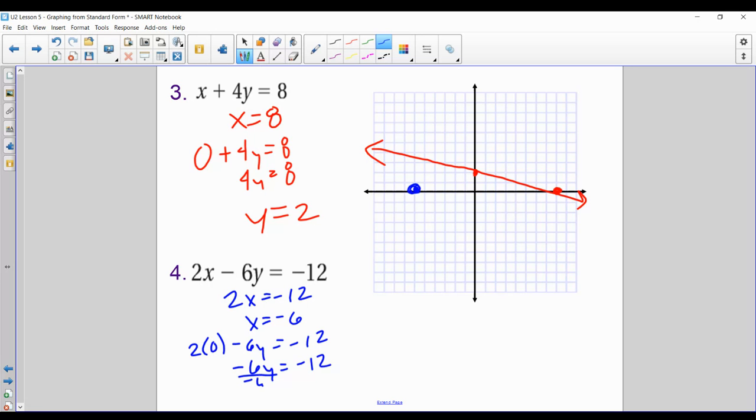Divide by negative 6. And I'm going to have y equals positive 2. Okay. I'm going to draw on that line.